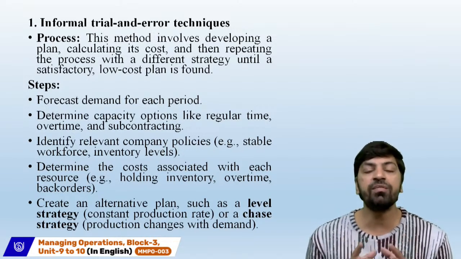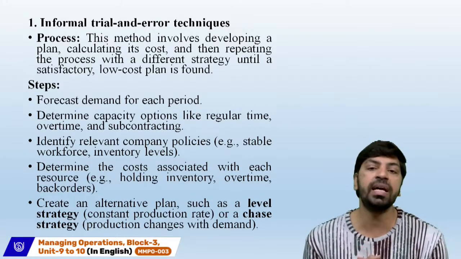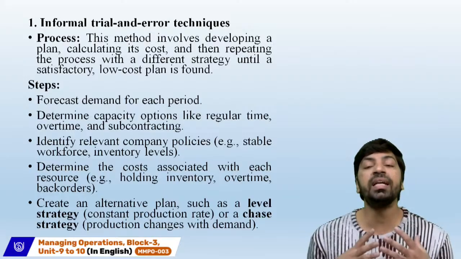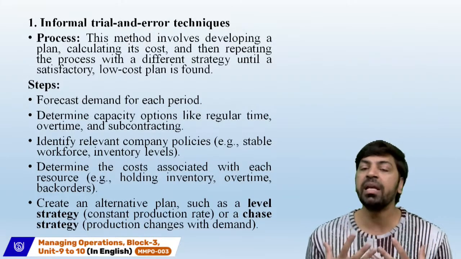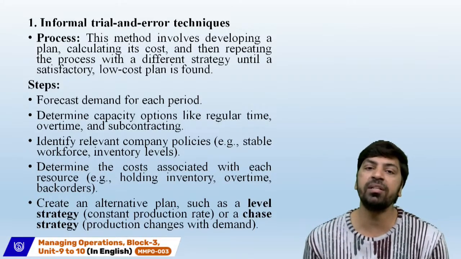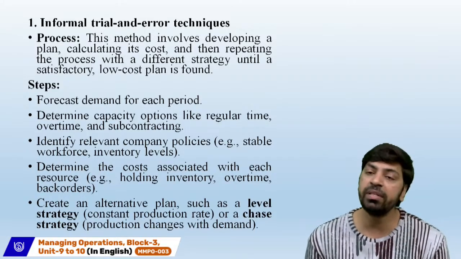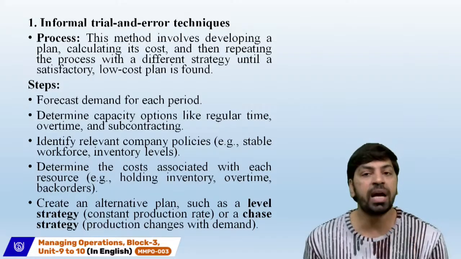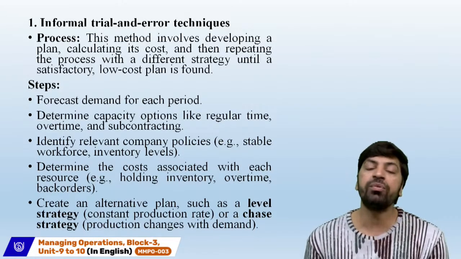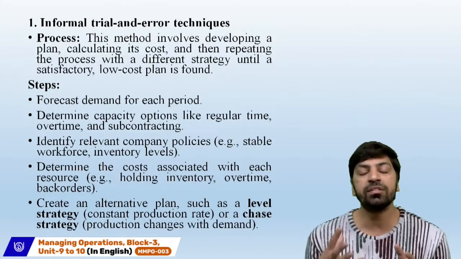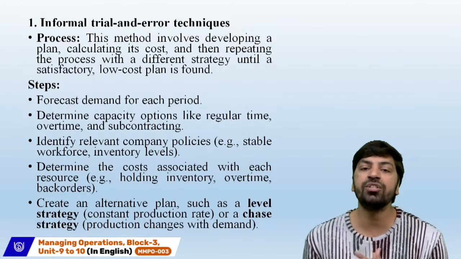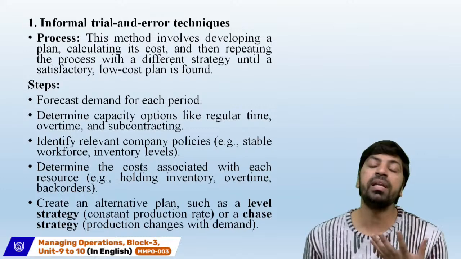So once we follow the first four steps, then we can come to the last step, that is to create an alternative plan or adopt the most appropriate strategy. It could be the level strategy, where we forecast the demand according to the increase and decrease in production in order to fulfill the customer demand. That is called the level strategy.